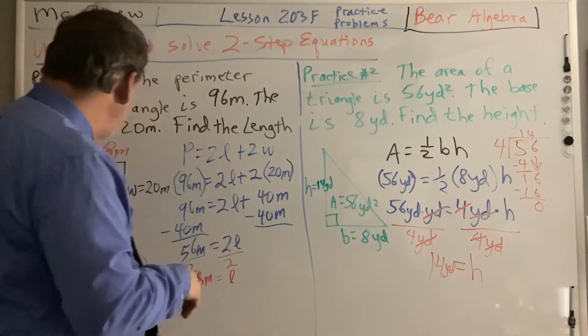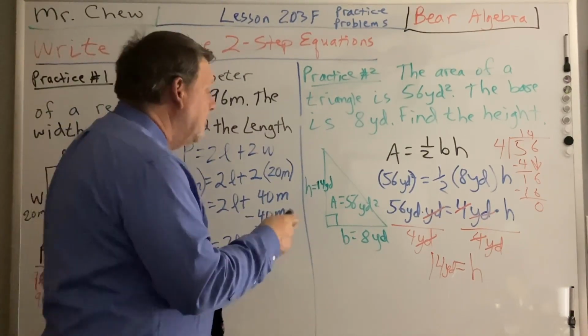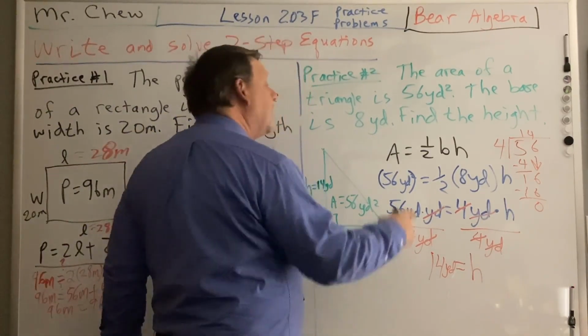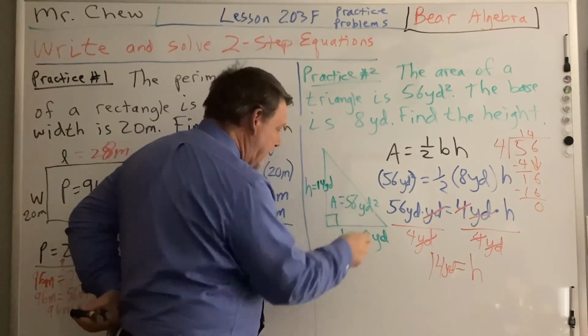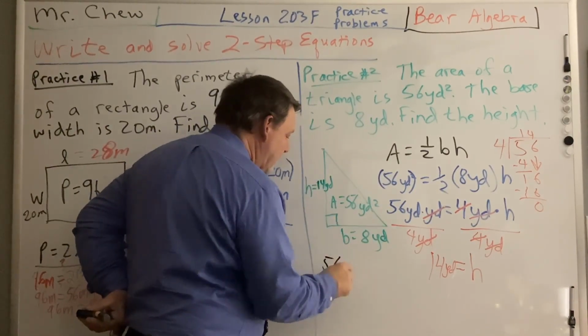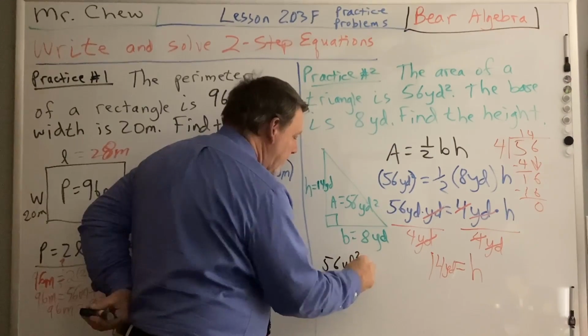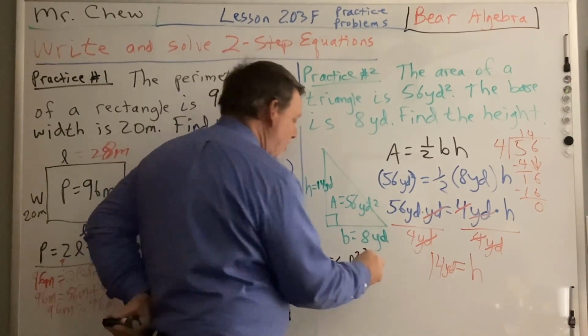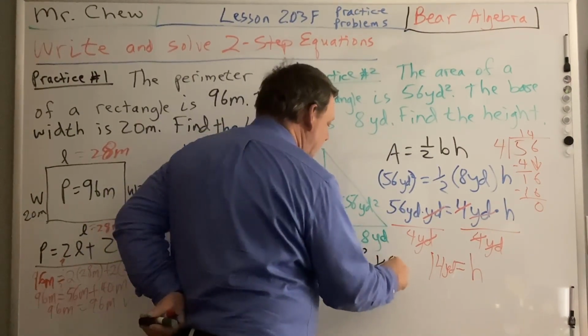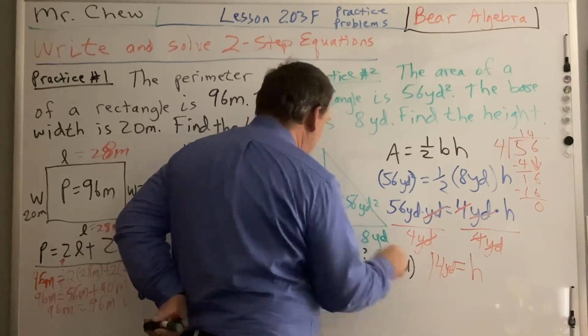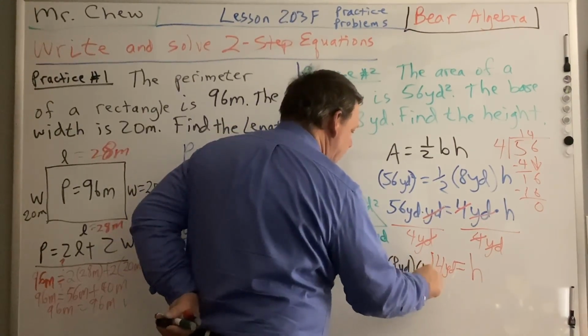Now how do we check it? Just like we did here. To check it, we're going to take this equation and plug everything in now. So 56 yards squared, does that equal 1/2 times 8 yards times 14 yards?